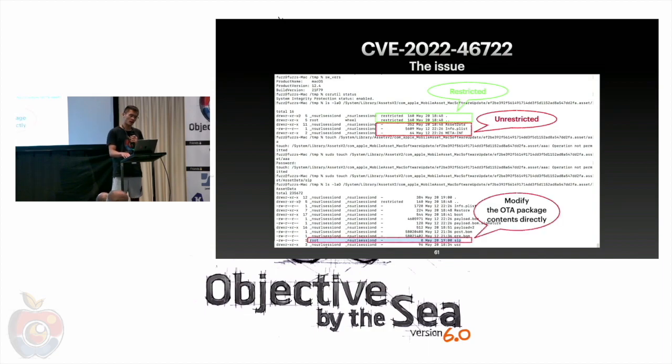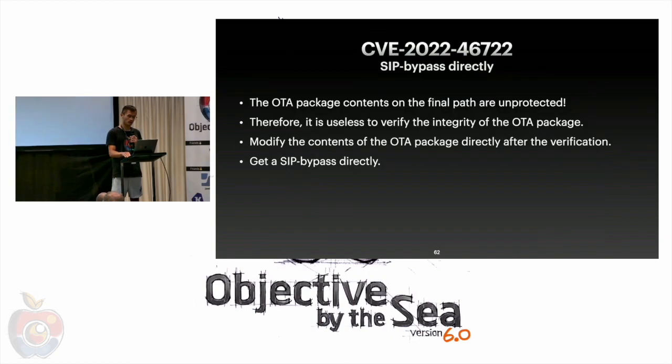Therefore, we can directly modify the contents of the OTA packages, even after they are moved to the final trusted location. So it is useless to verify the integrity of the OTA package. We can get a SIP bypass primitive directly by modifying the OTA package contents after it passes the package verification.